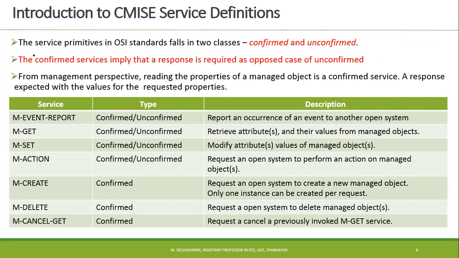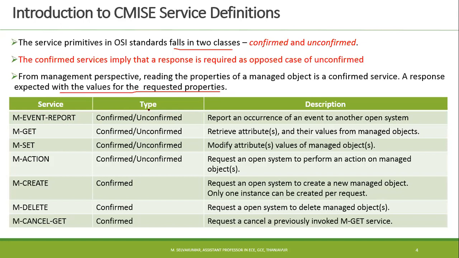The service parameters in the OSI standard fall into two classes, as I already said, confirmed and unconfirmed. Confirmed means a response is required, and unconfirmed means a response is not required. From the manager's perspective, reading the properties of a managed object is a confirmed service, and a response is expected with the values for the requested properties.